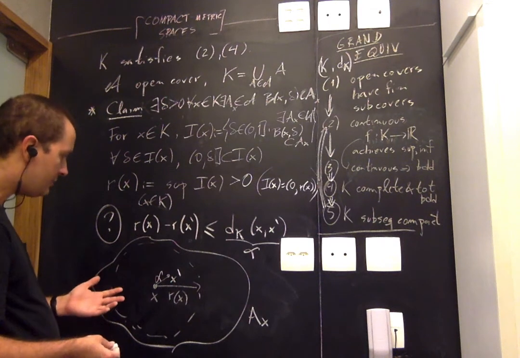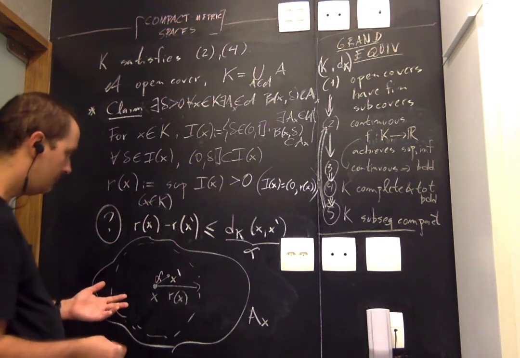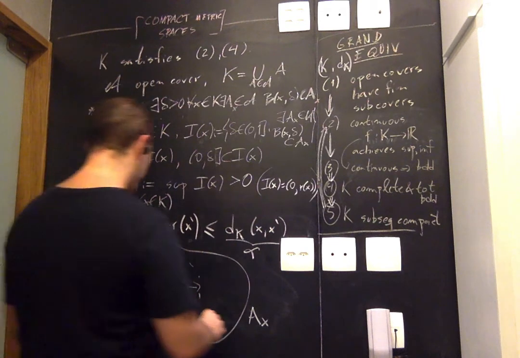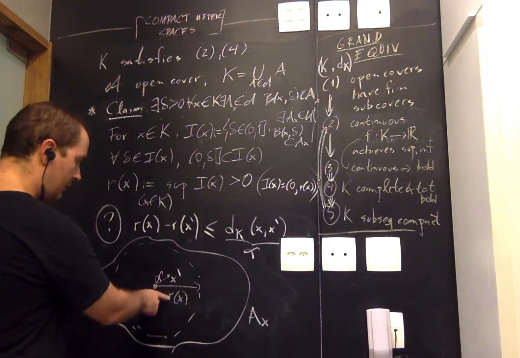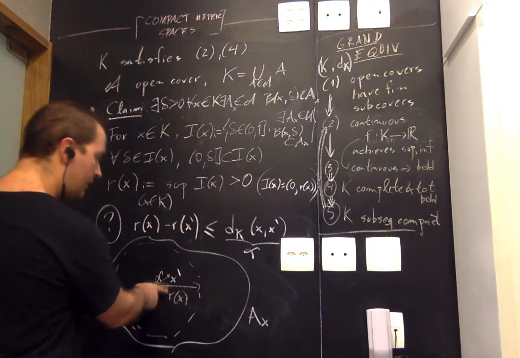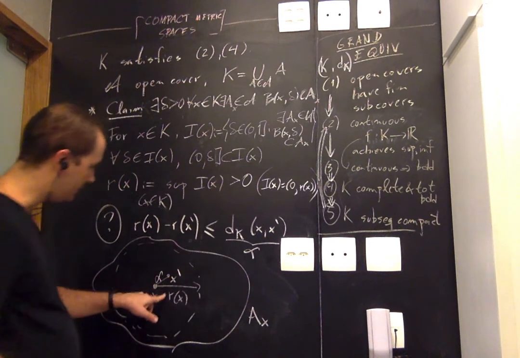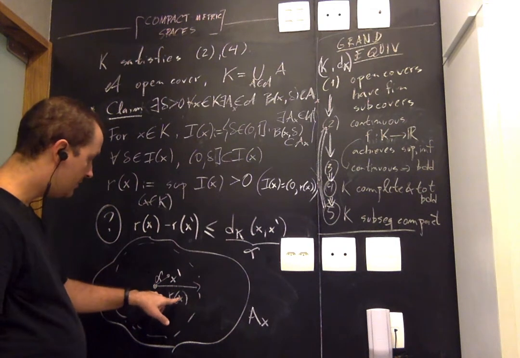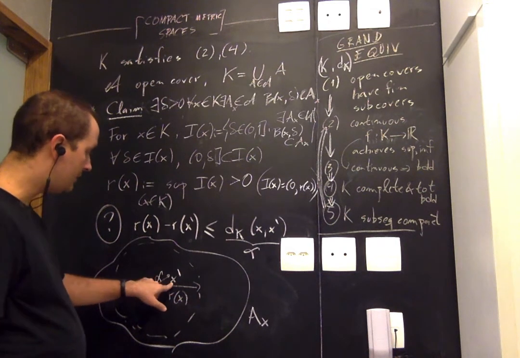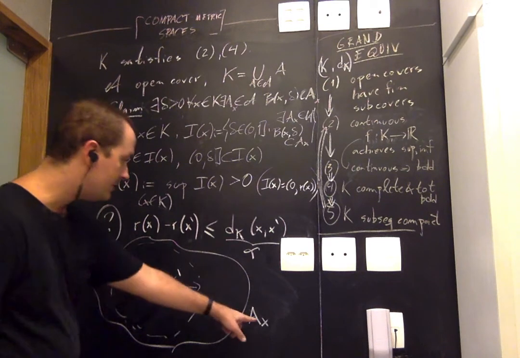And maybe from the picture it's already clear what I'm going to do. My claim is that if I take a ball slightly smaller, of radius r of x minus alpha around x prime, that's still going to be contained in A sub x.